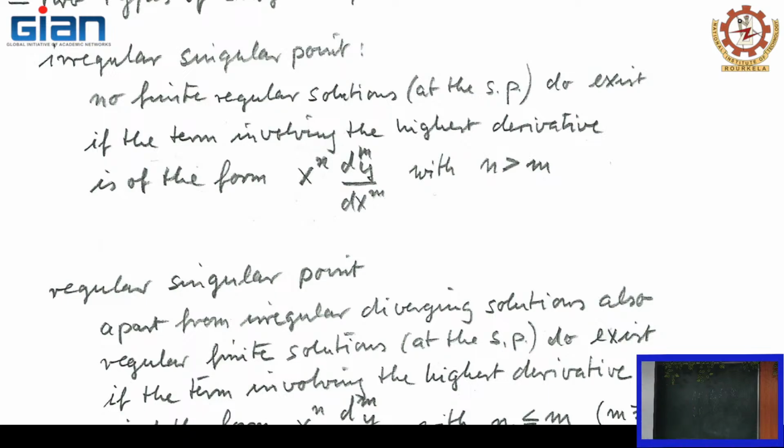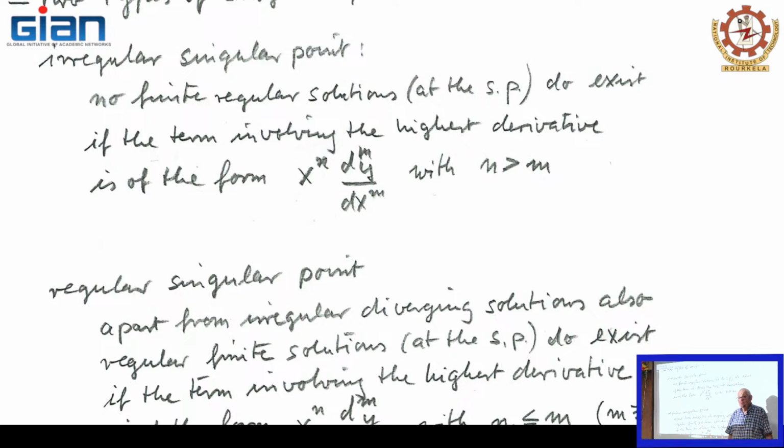Well, what does it mean? An irregular singular point is found once the power by which the coefficient of the highest derivative vanishes with x is higher than the order of the differential equation. So if we have an mth order differential equation, the highest order will be d^m y by dx^m, and the coefficient vanishes at the singular point with power n.